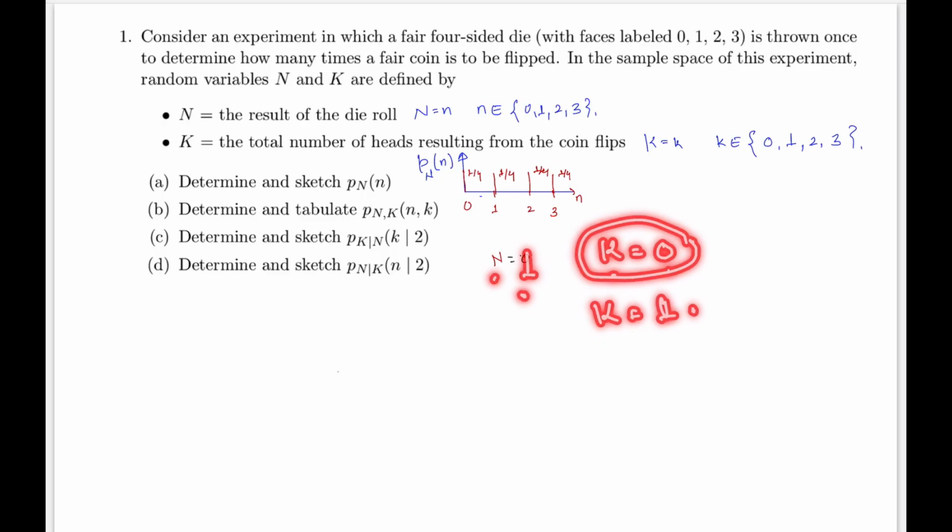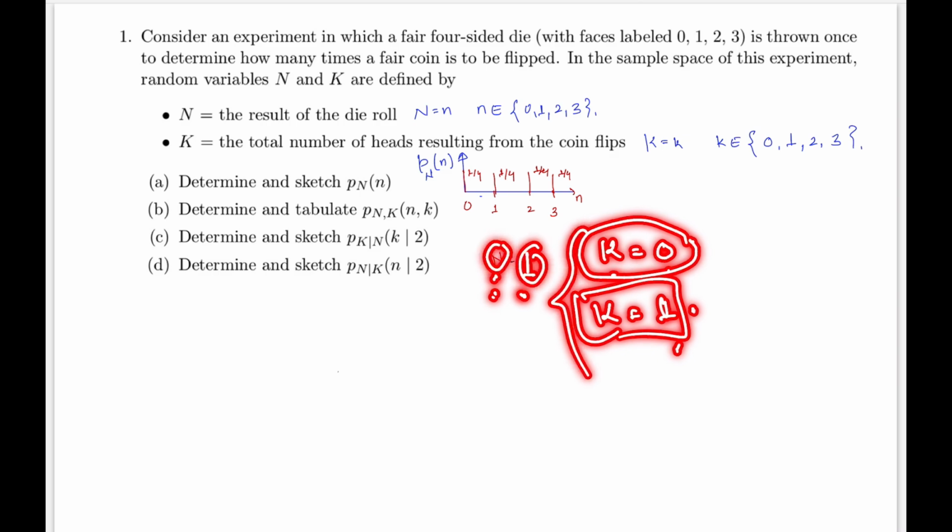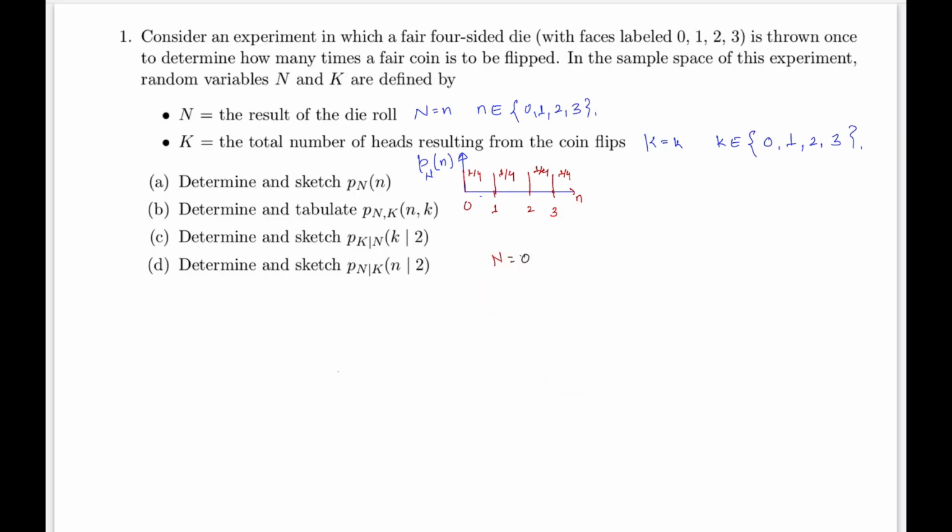If you get the head, K will take the value 1. So depending upon the values that N takes, you are saying a lot about the random variable K. The ultimate point is that these random variables are dependent, so this is a case of dependency, and you will have to deal with the joint probabilities accordingly.